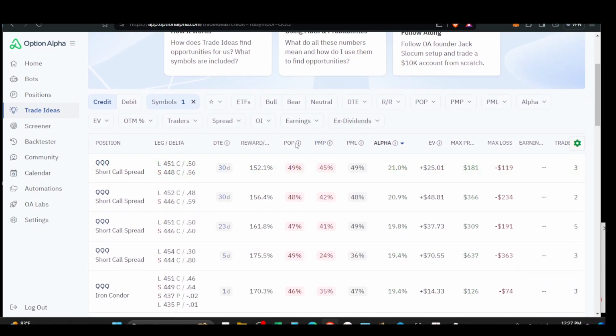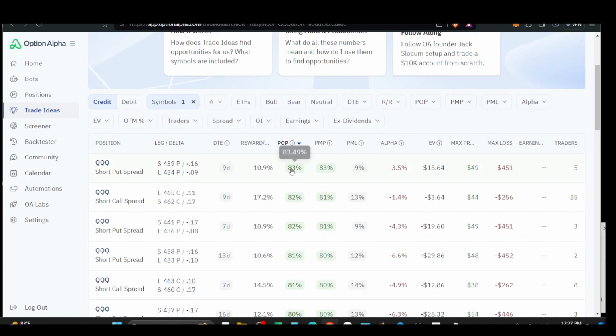So probability of profit 83%, short put spread. Okay, maximum profit $49, so I can buy 10 contracts for 4,500. I need to have that much, right? So I can probably use this one. I don't know.